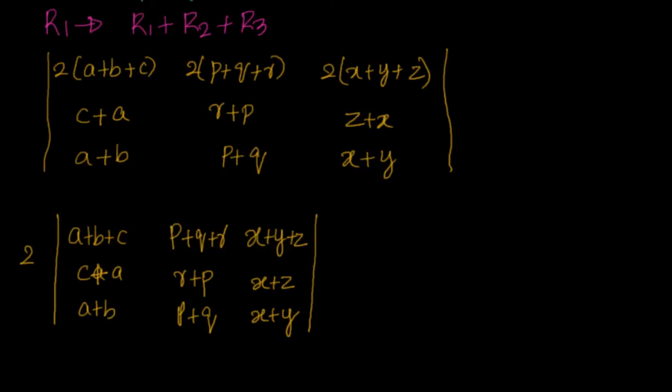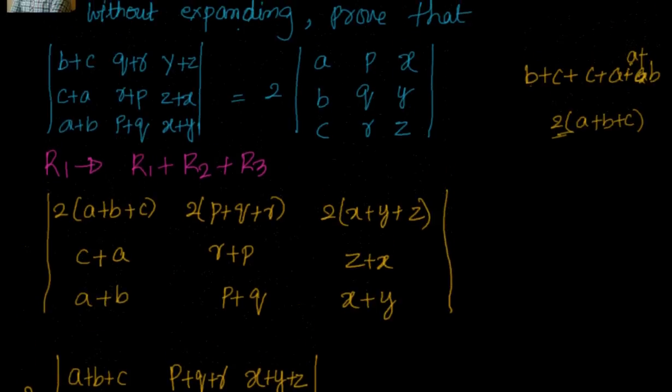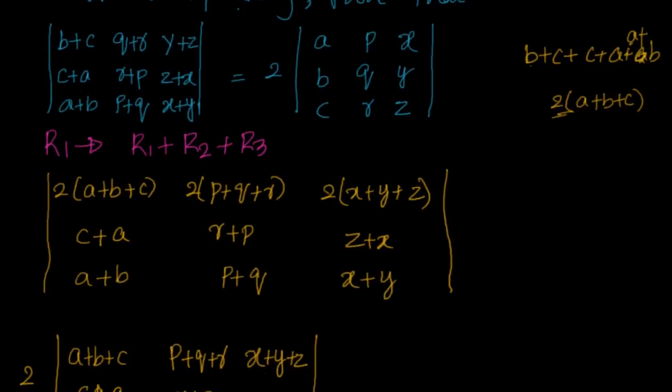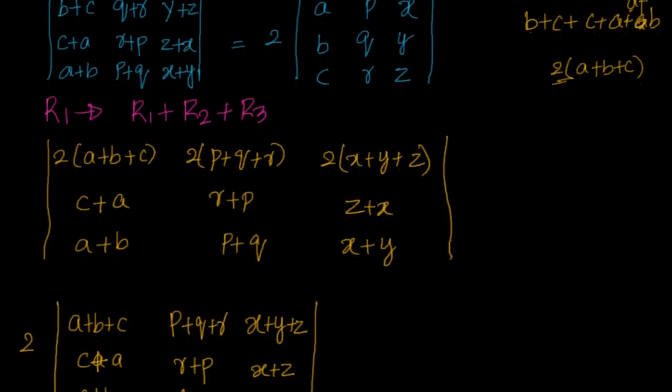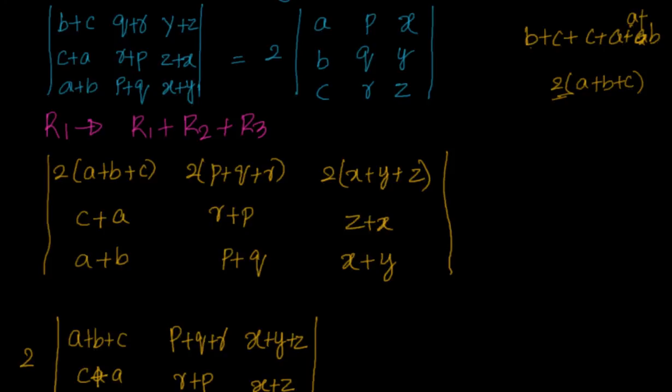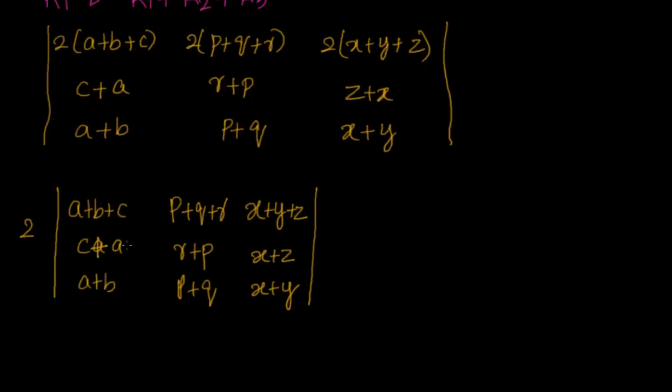Now look at this carefully. What we want is in the first row a, p, x, second row b, q, y, third row c, r, z. Let us take the first column. In the first row I should have a, second row b, third row c. Here I should have b. To get b here, can I subtract from R1 the R2, so that a plus b plus c minus c plus a equals b?